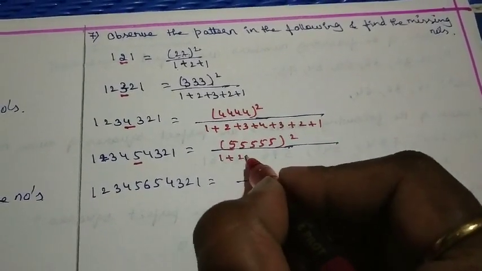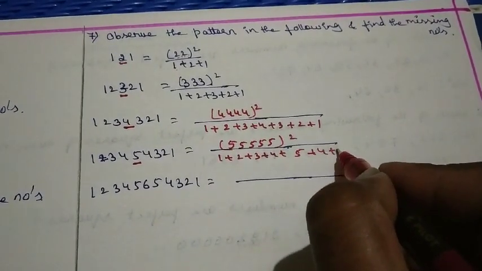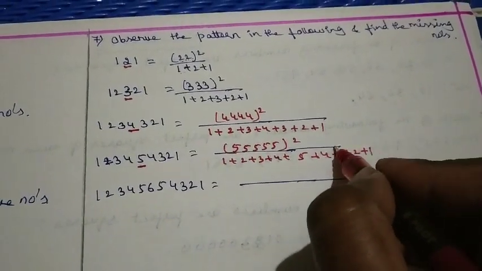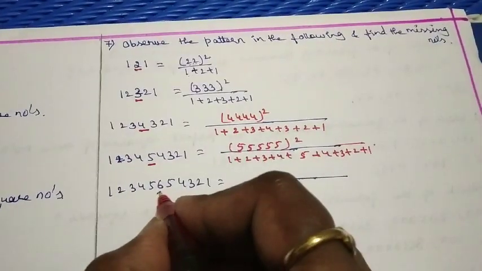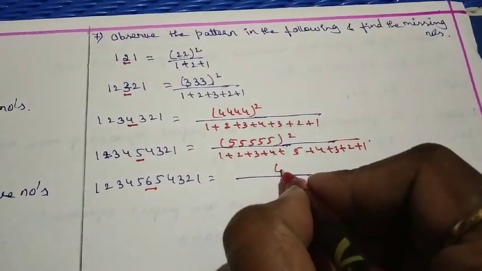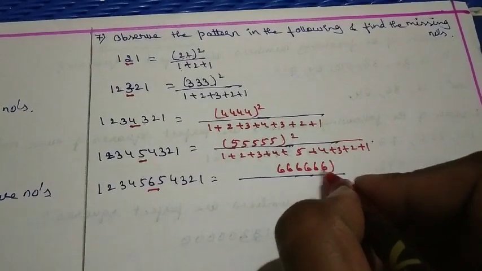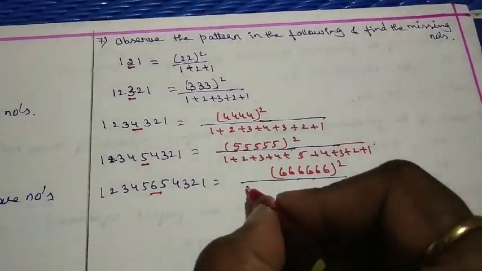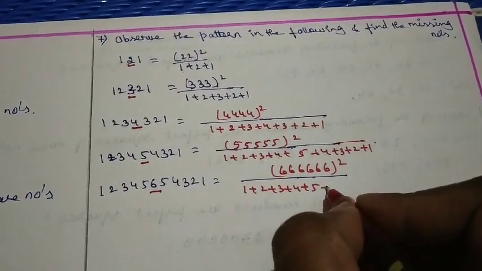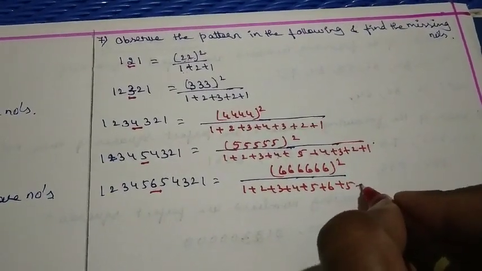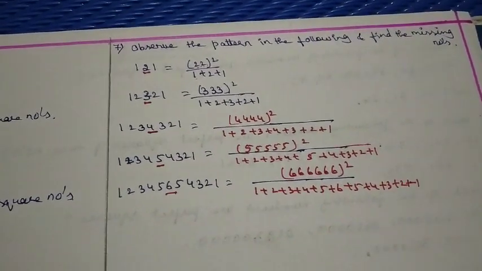Then 1 plus 2 plus 3 plus 4 plus 5 plus 4 plus 3 plus 2 plus 1. And the next one, the blank is given for 6. Therefore 6 should be repeated 6 times, 6, 6, 6, 6, 6, 6 whole square. Then 1 plus 2 plus 3 plus 4 plus 5 plus 6 plus 5 plus 4 plus 3 plus 2 plus 1. That's all, children.